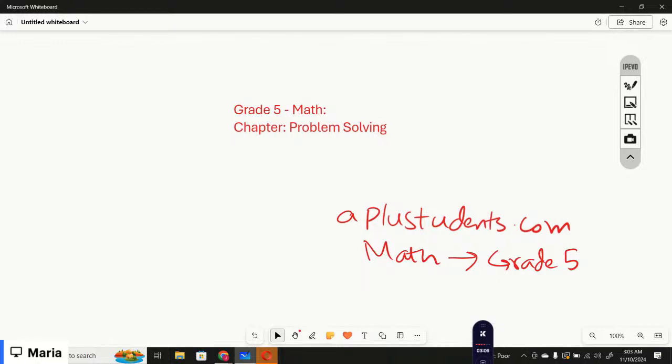We're going to start with the chapter problem solving. So please make sure you have your notebook and pencil so that you can note down the important examples and definitions as well, right?